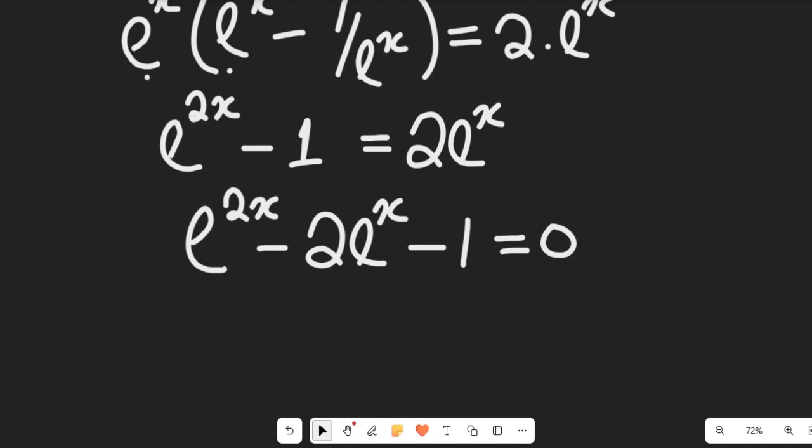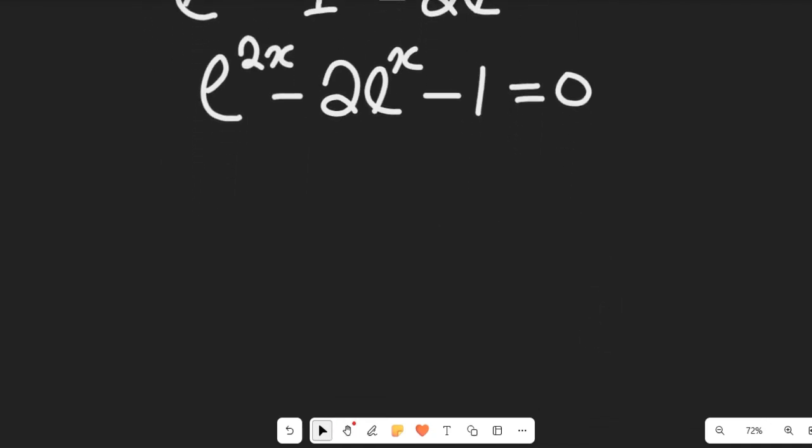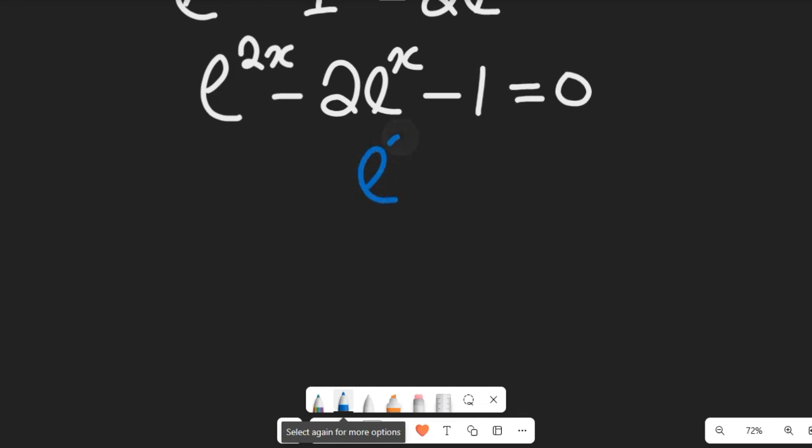Now, if you look at this expression very well, you see that it looks more like a quadratic expression. For me to simplify this further, I'm going to assume the exponential value of x to be equal to y. Remember, we are looking for the value of x.